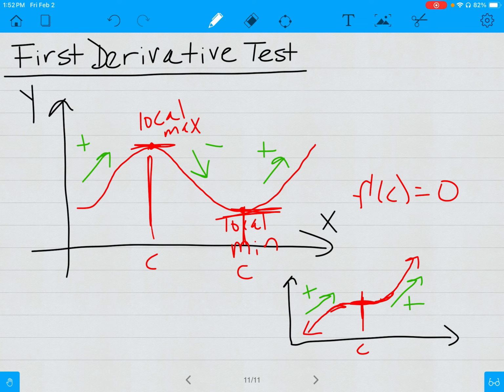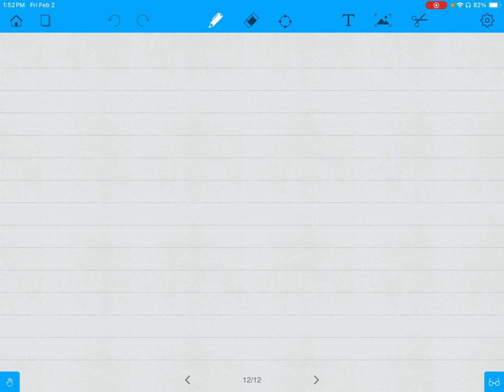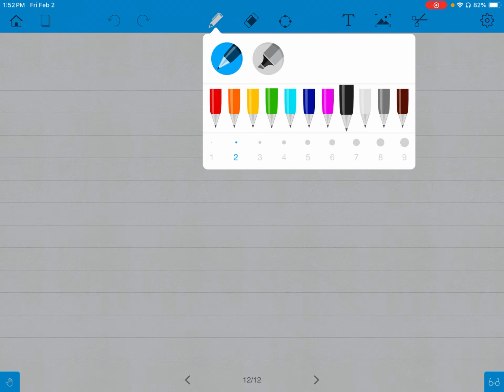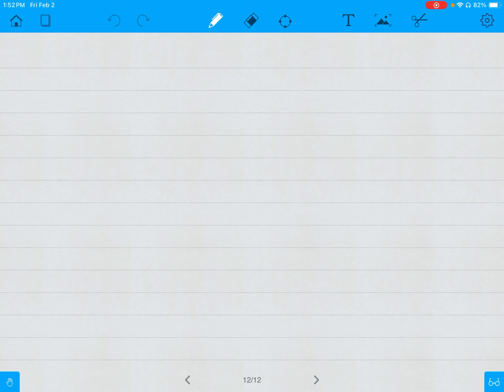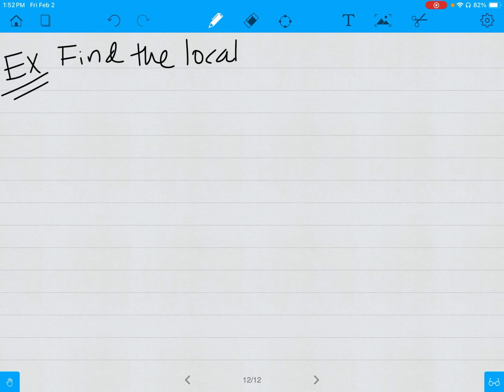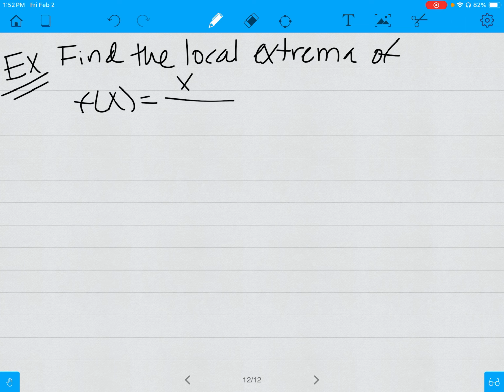Let's say we want to find the local extrema of f of x equals x over x squared plus 1.